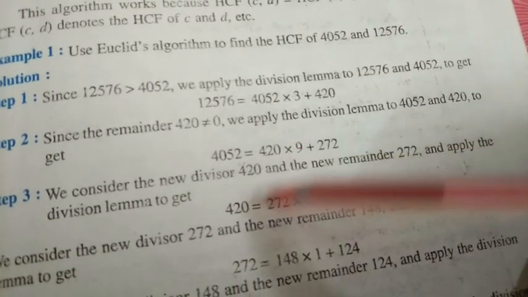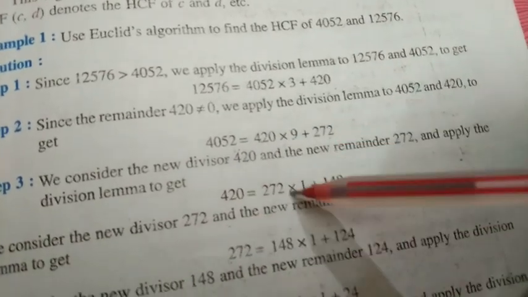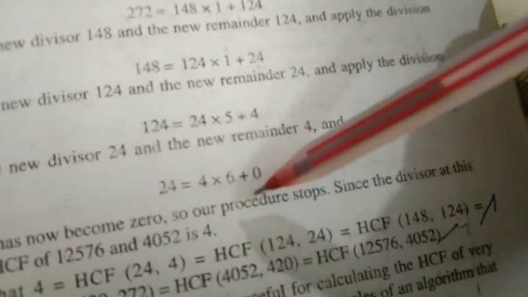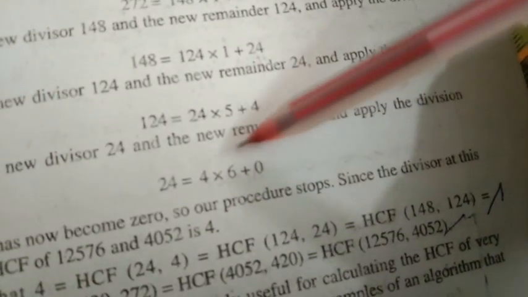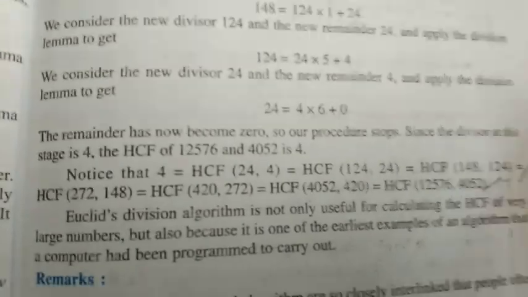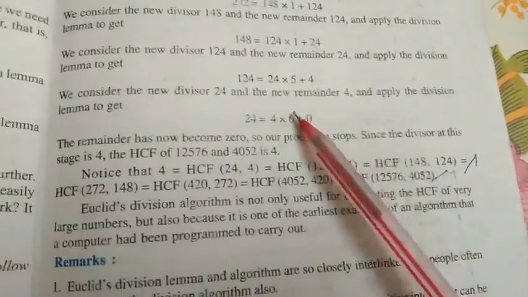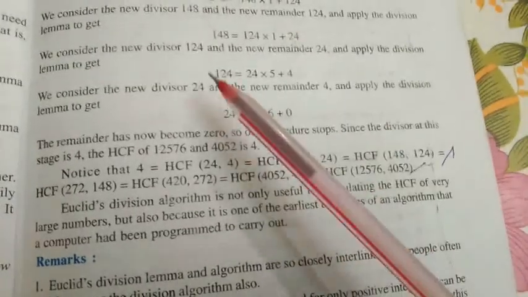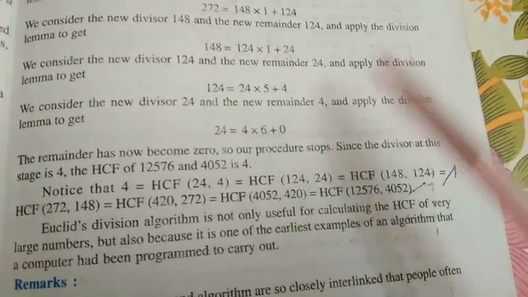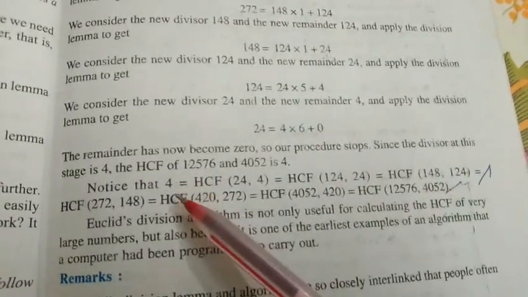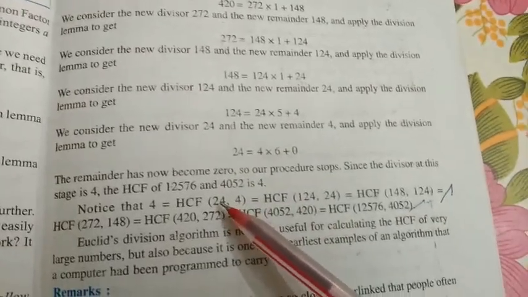Next we divide 420 by 272, like that. Just do the products, and when we get 0 we can stop. Things are given now. HCF of 24, 4 is 4. HCF of 124 into 24. Those things are already given in our book itself. Just go through your book and study this also.